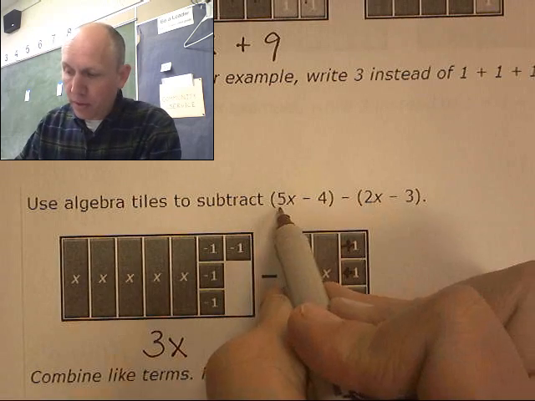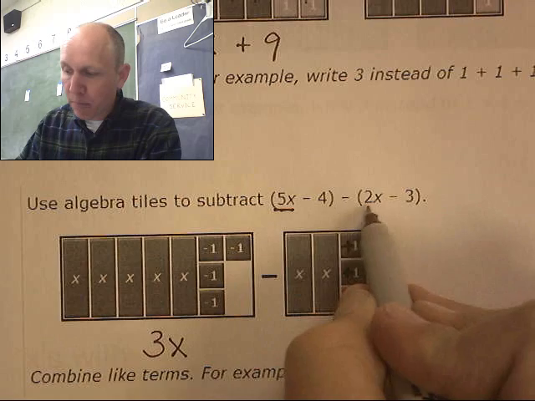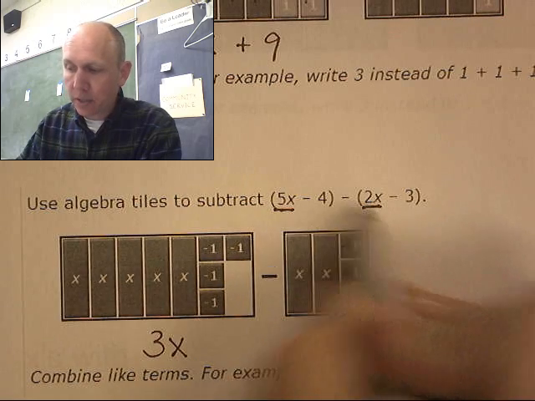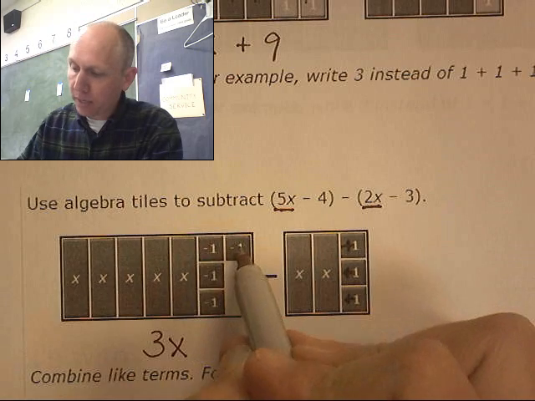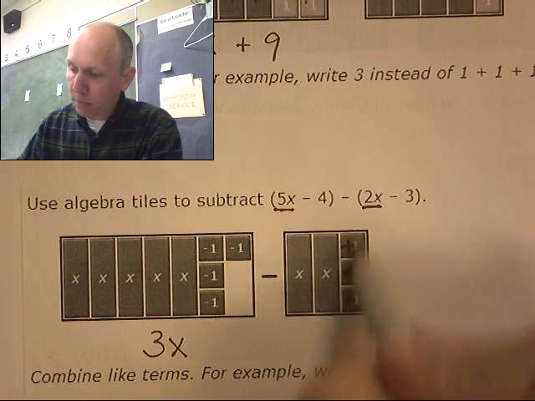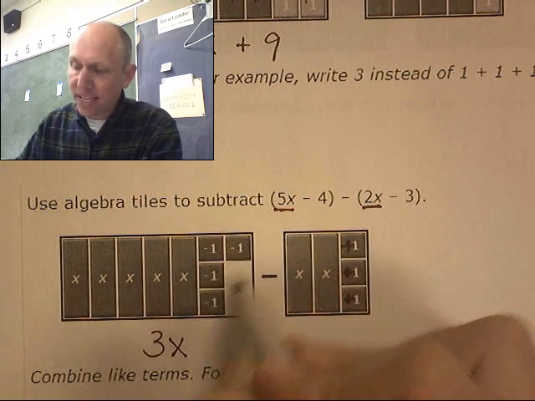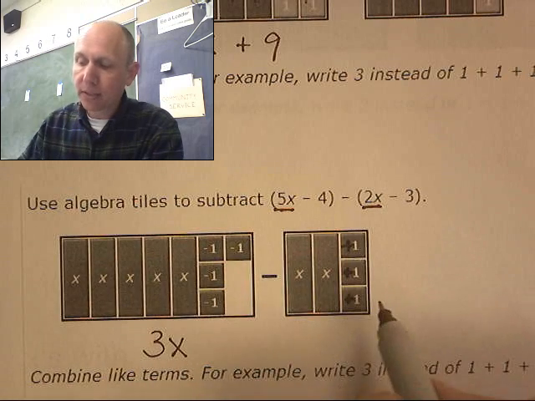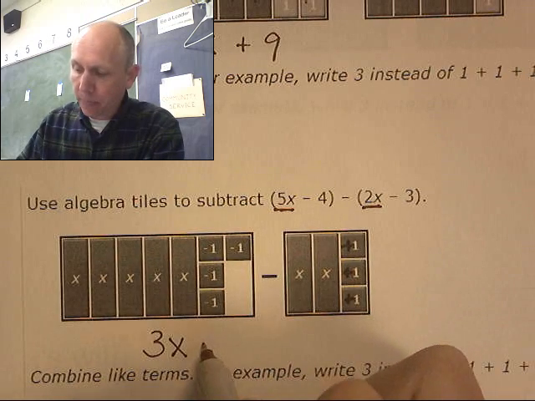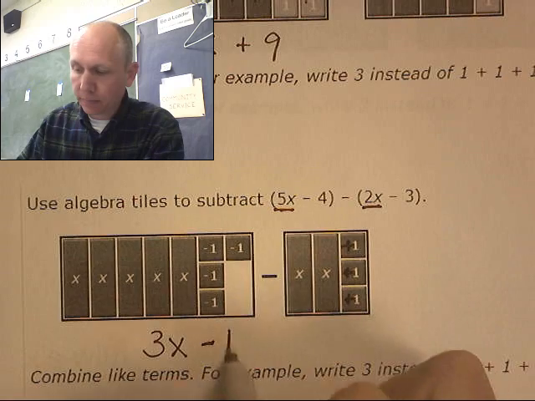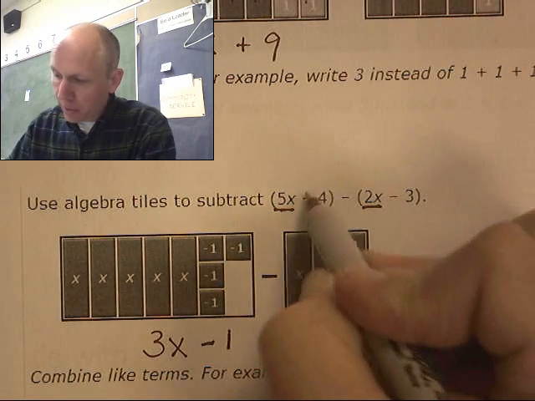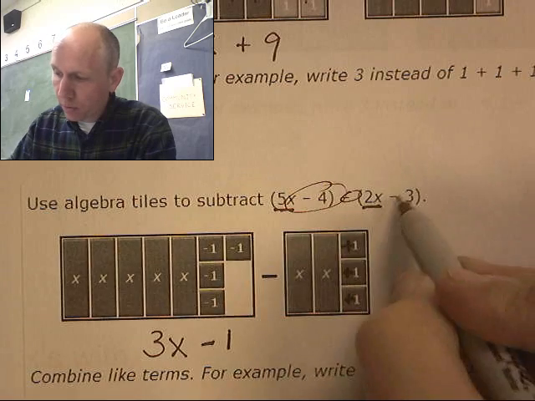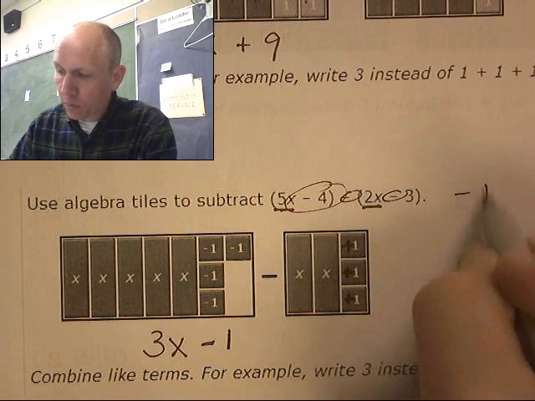Now I have negative 4 plus 3. What's negative 4 plus 3? Negative 1. Right? Negative 4, boom, boom, plus 3.